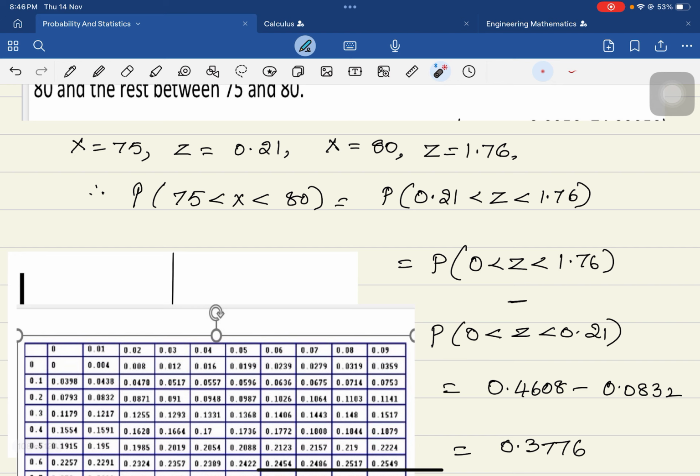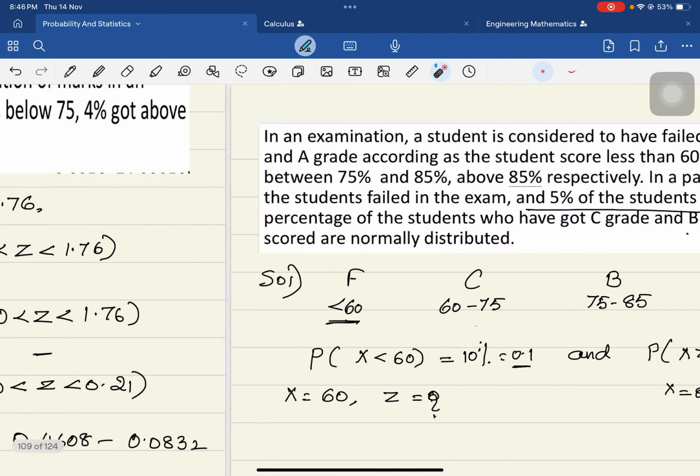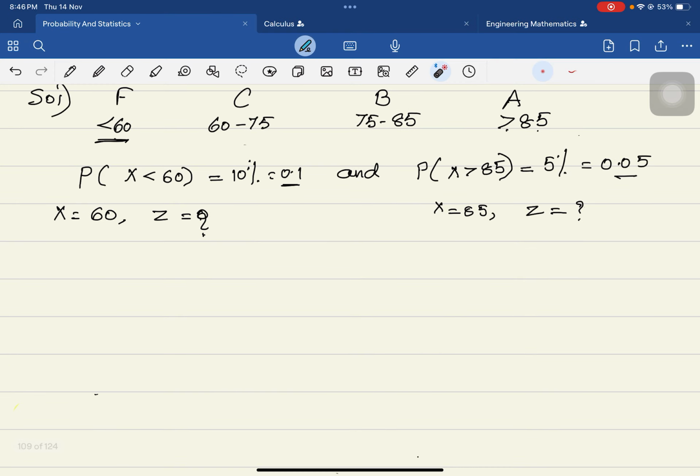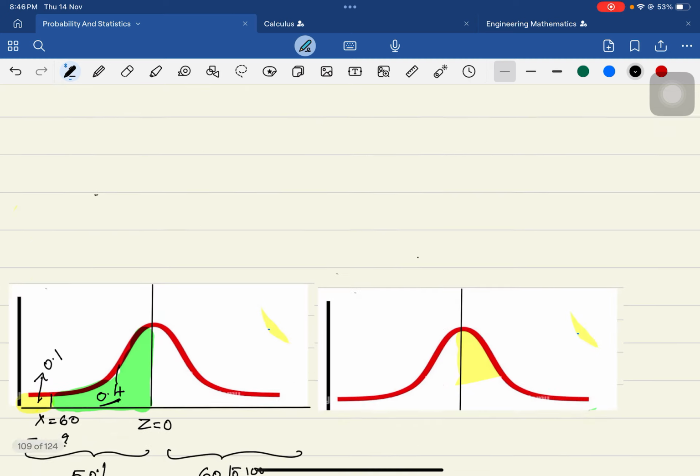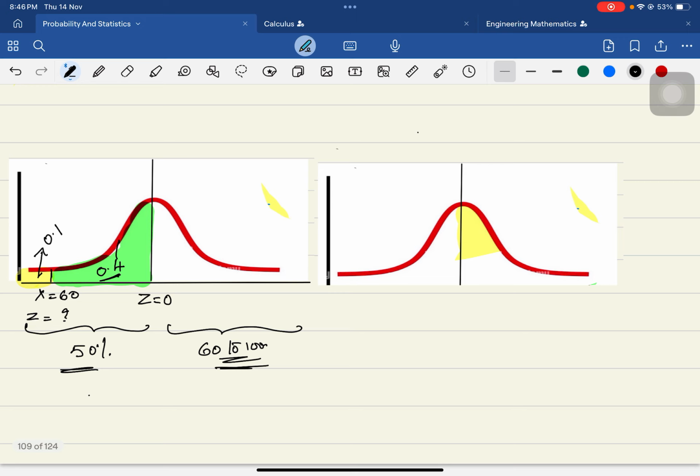And let us now go to the problem. The Z value is given by 1.29. Now let us see where it lies.